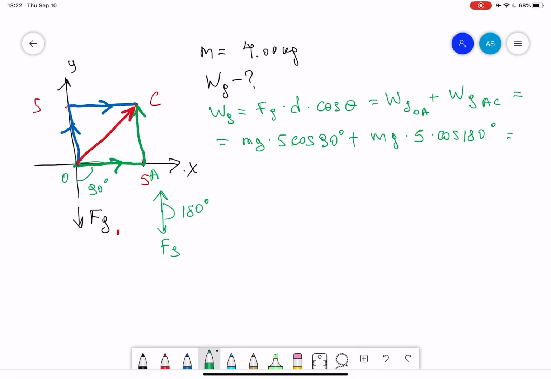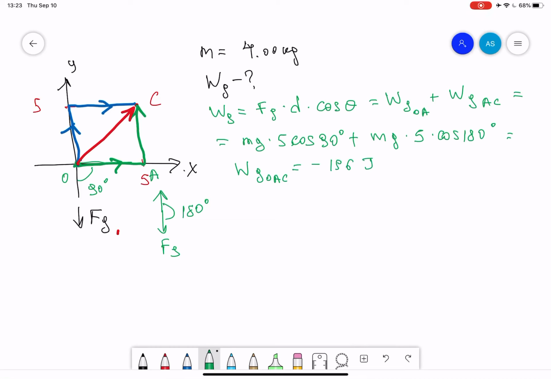So the work done along OAC is equal to minus 196 joules.